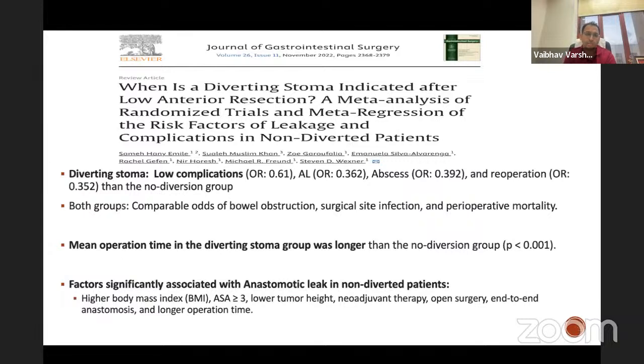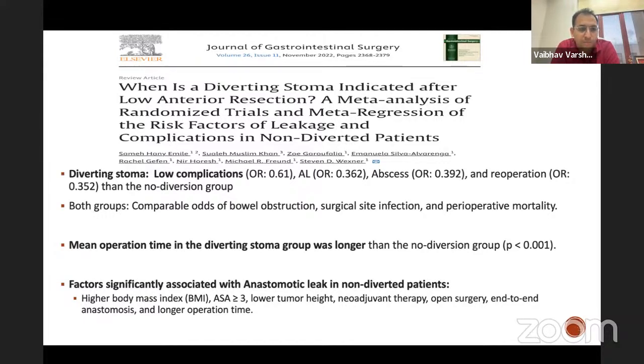Another recent meta-analysis on the same topic, the second question of our theme, when is a diverting stoma indicated, is from Dr. Wexner's group. They mentioned that with a diverting stoma, the complication rate is low; anastomotic leak, abscess, and reoperation are less in the diverting stoma group as compared to the no diversion group.